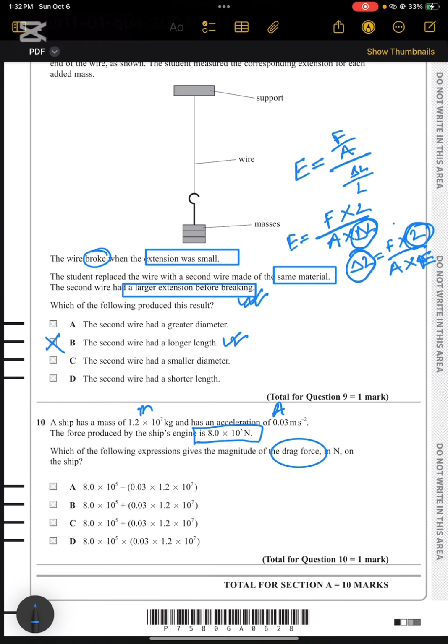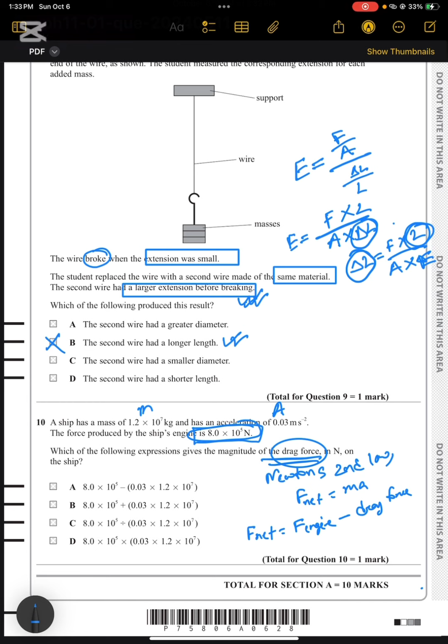If we look at this question, according to Newton's second law, we know F net is equal to mass into acceleration, right? And we can say F net is equal to the force of the engine minus the drag force. They have asked us to find the drag force. So F of the engine minus the drag force.